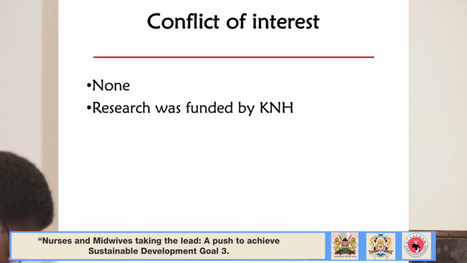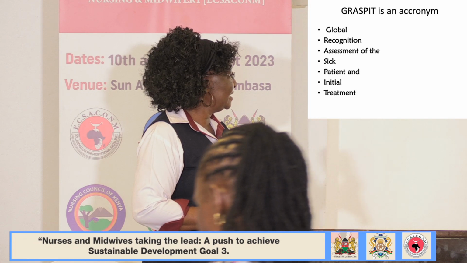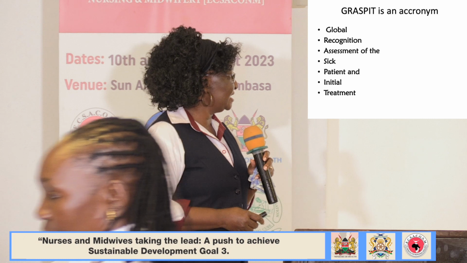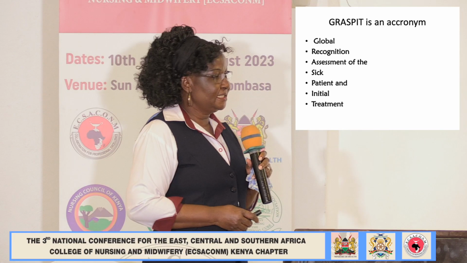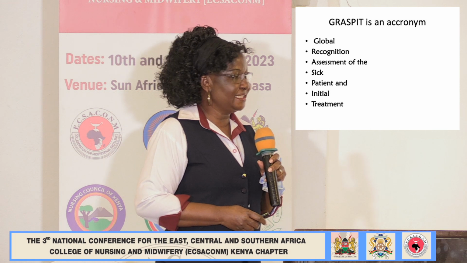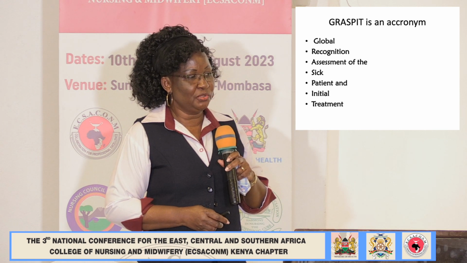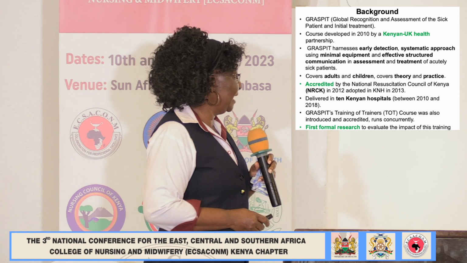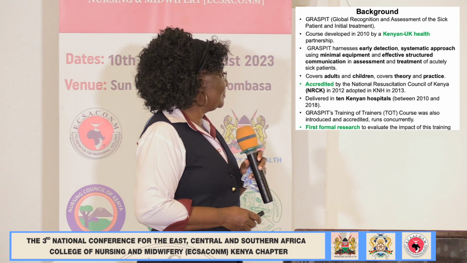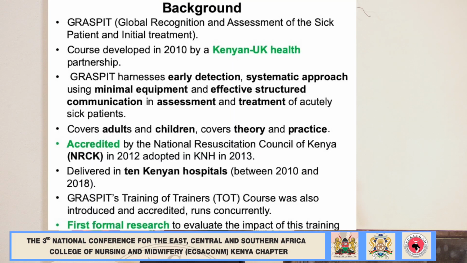That is my outline. GRASPIT stands for Global Recognition and Assessment of the Sick Patient and Initial Treatment, and it is a course that was developed in 2010 between the Kenyan government, Ministry of Health, and also the UK government. GRASPIT harnesses a few principles that we'll be looking at as we proceed. Some of them I've already written there.